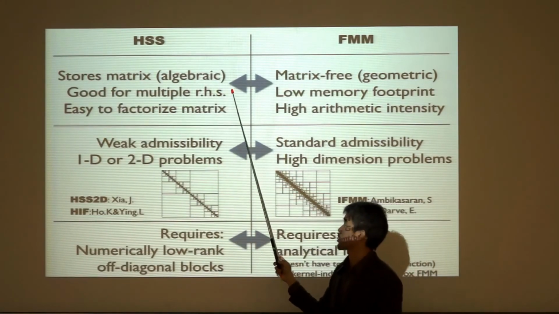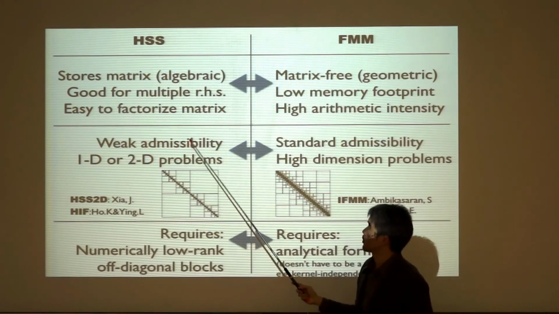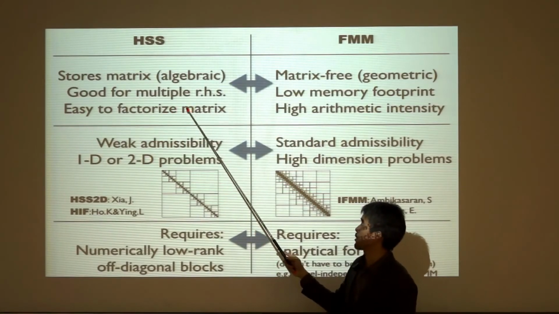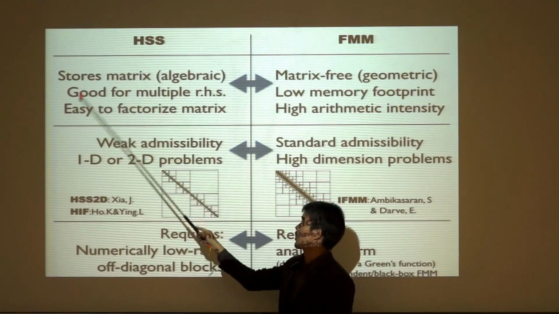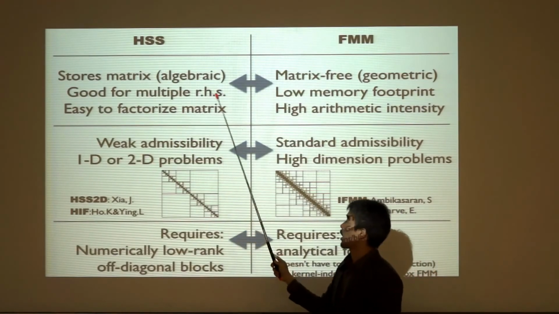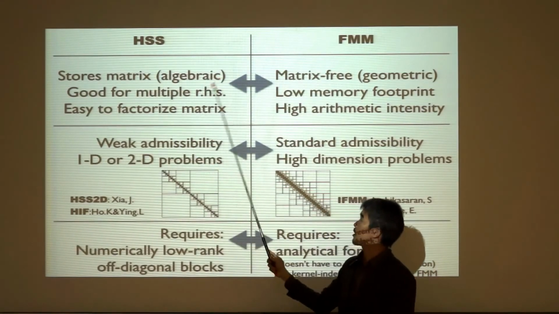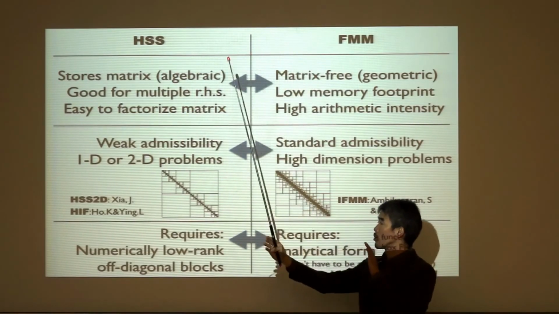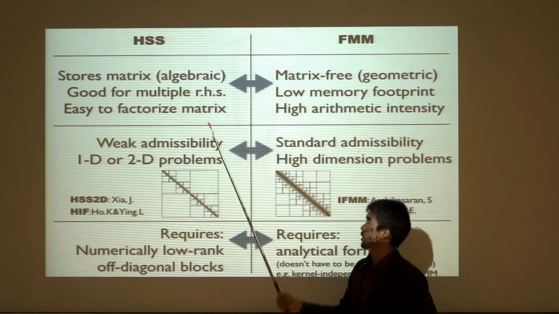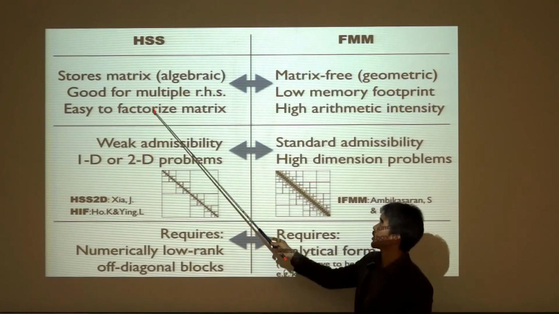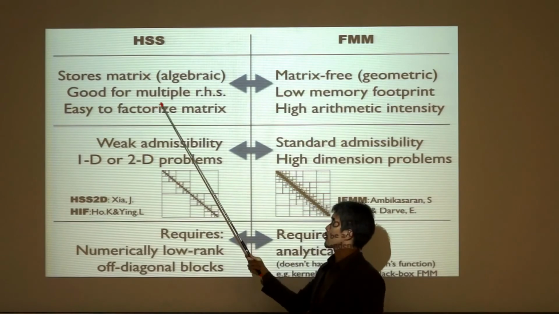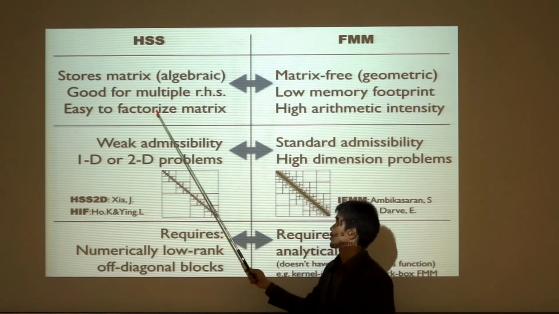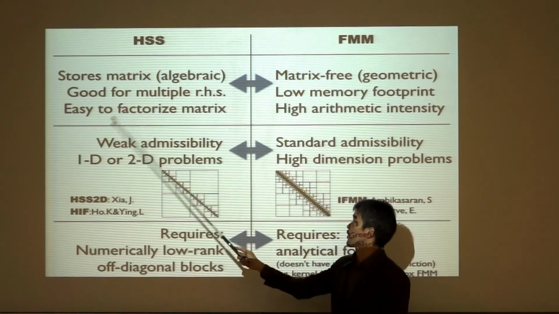So if you want to just apply it many times, or even do an LU factorization or Cholesky, and save that factorized hierarchical form and just keep applying many times, then in that case, this is very useful. So you need to choose which one based on your objective. If you're solving a scientific problem that requires just one factorization and then many applies, and I'm talking about like thousands, then this will become very fast.